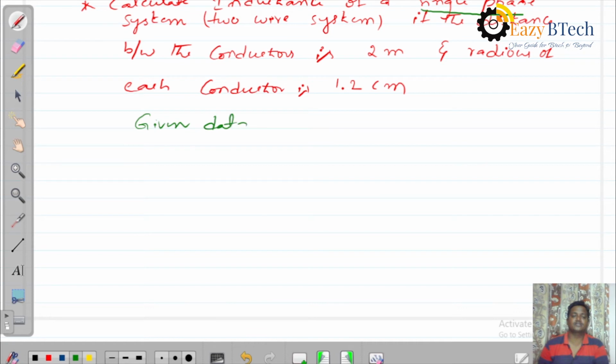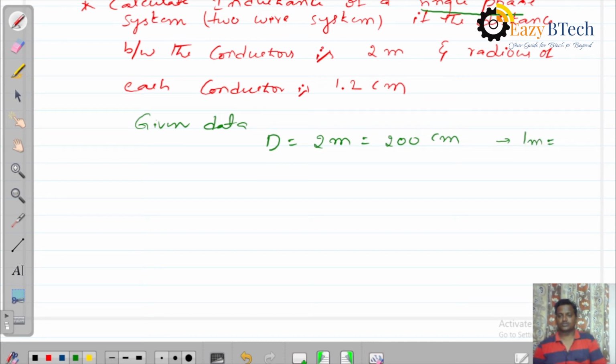In examinations they provide some marks for given data also. That's why first of all we have to write the given data. What they given? The distance between the conductors is 2 meters. Convert this one into centimeters. It is 200 centimeters. Keep in mind 1 meter equals to 100 centimeters.